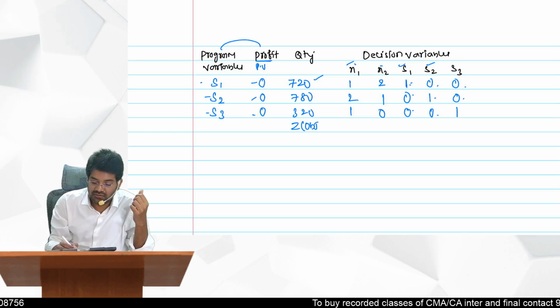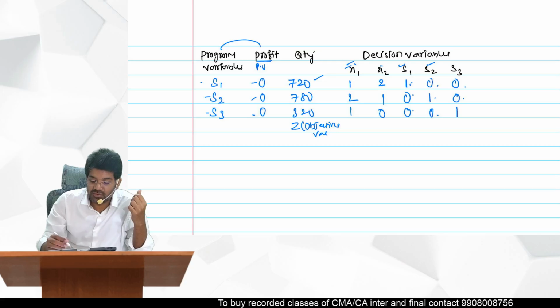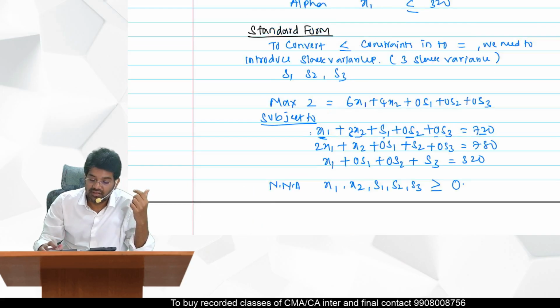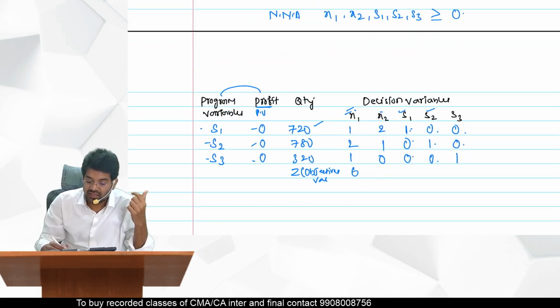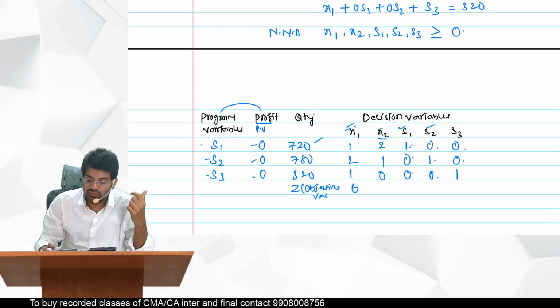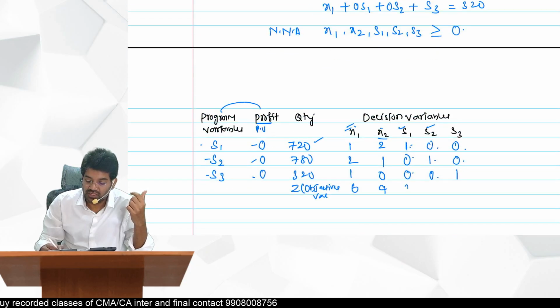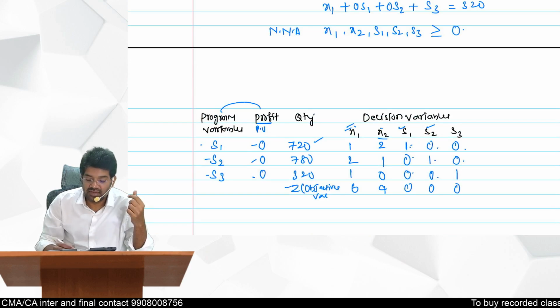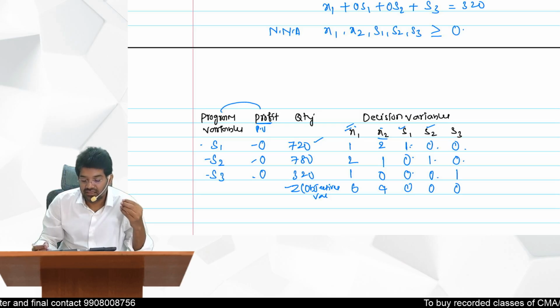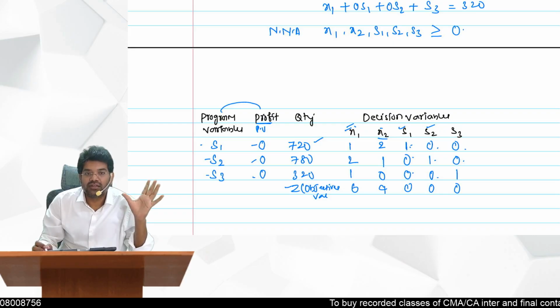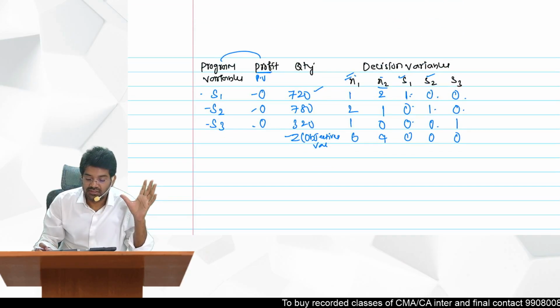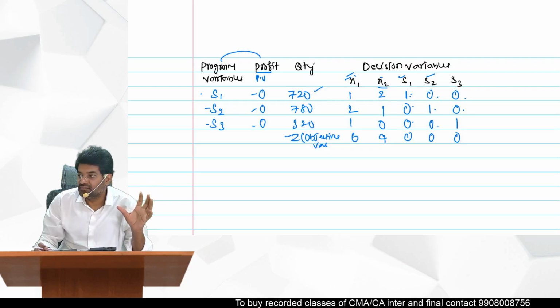The coefficient of X1 in the objective function is 6, X2 is 4, S1 is 0, S2 is 0, S3 is 0. So the Z value represents the coefficients of the variables in the objective function. You calculate this and take it now.